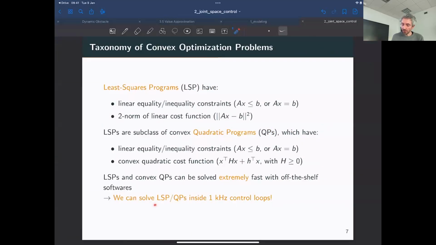So we will see that we can solve this kind of problem quite easily at 1 kilohertz. So in less than 1 millisecond, we can solve one of these problems for the size that we are interested in. Of course, if you had 10,000 variables, no, you could not solve it in 1 millisecond. But if you have something like 50 variables, which is typically the range we're going to work with, then we can solve it in 1 millisecond.